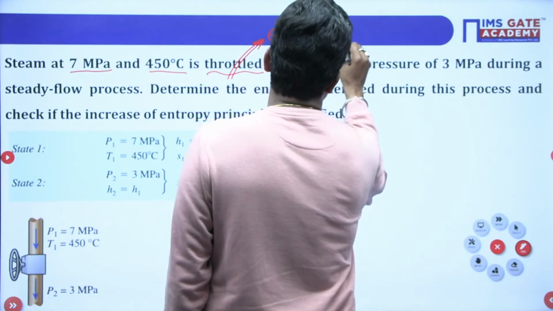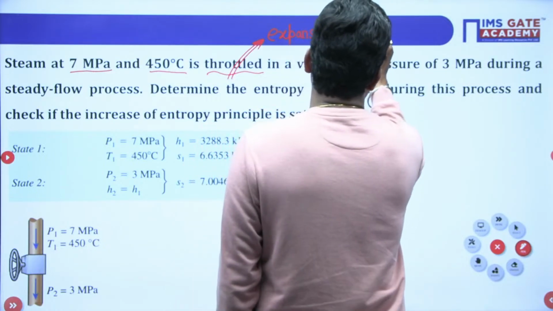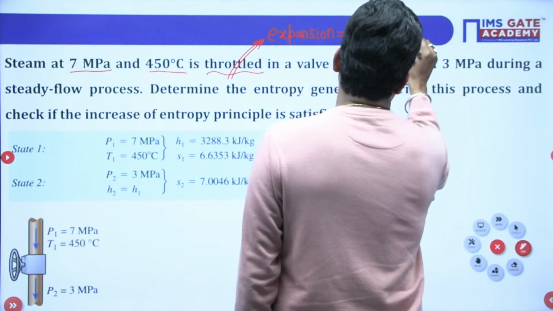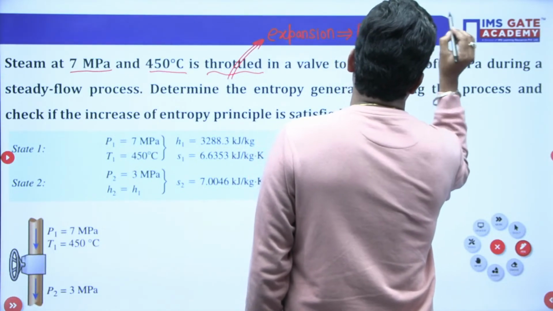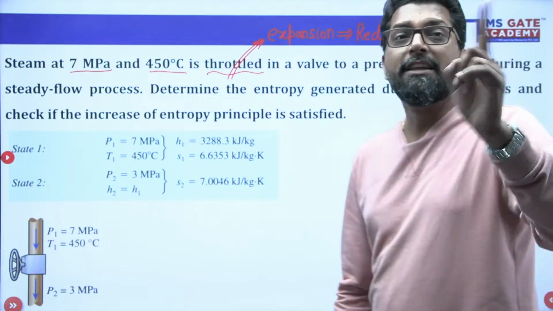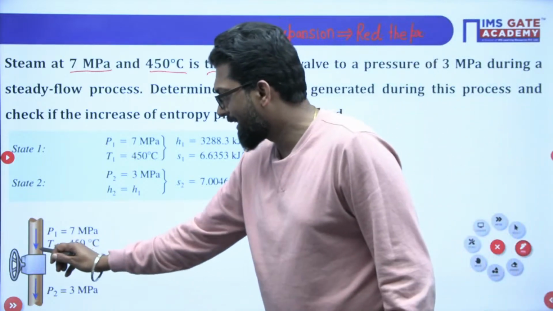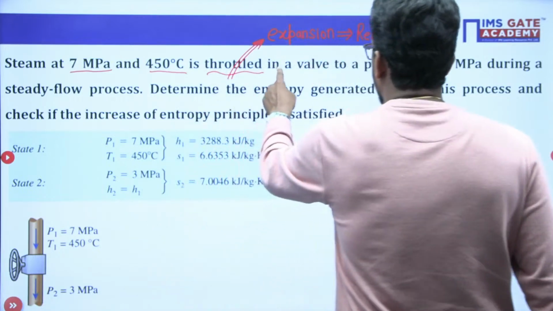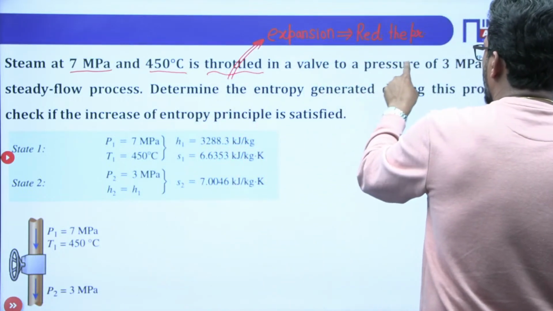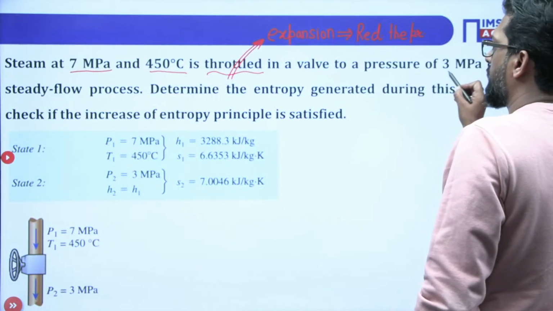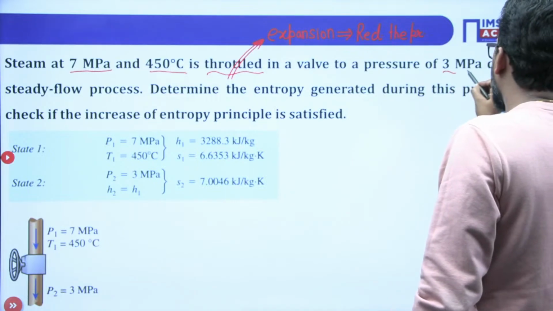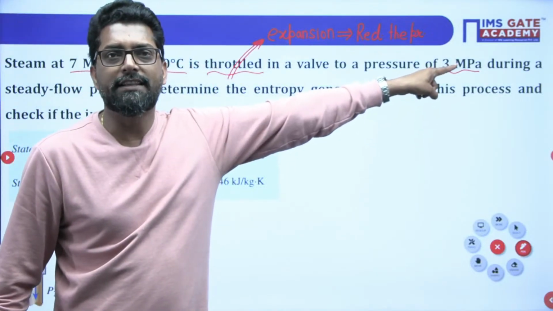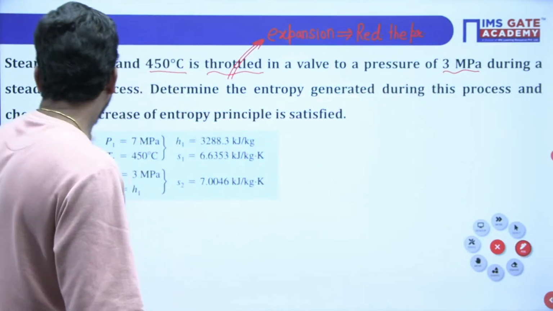That means in this case we reduce the pressure with the same enthalpy. The enthalpy at inlet is the same as the enthalpy at the exit. It is throttled through a valve to a pressure of 3 megapascal. That means pressure will reduce from 7 to 3 megapascal during steady flow.